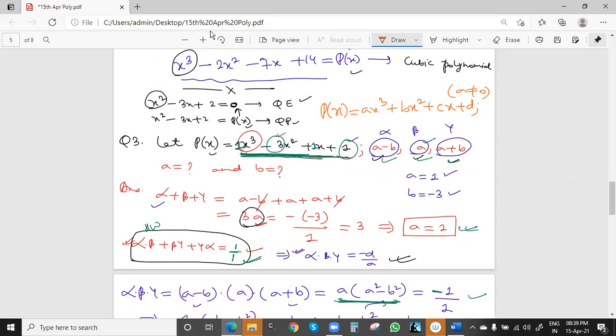So from this, if you compare, a is 1, b is minus 3, c is again 1, and d value is again 1. So we know these values. We'll put them in the formula and then we will get the result. Understood?